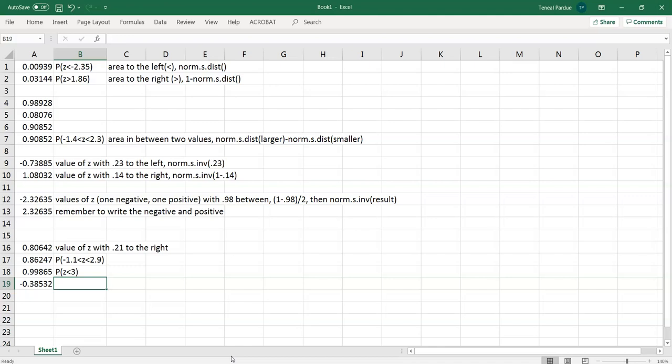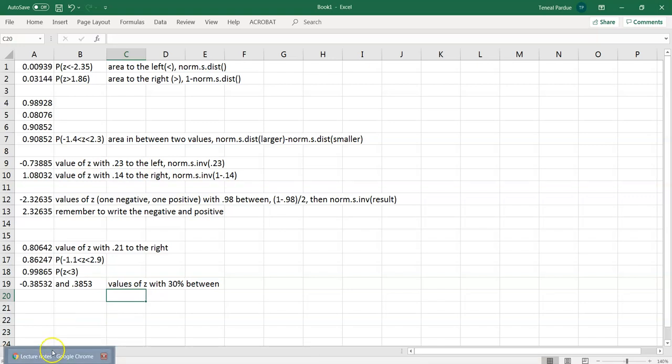So our answers are going to be the negative one and the positive one. And these are the values of z with 30% between them. Remember, you got to give me both. I would settle for just the positive one though. If you just picked one, just give me the positive one.